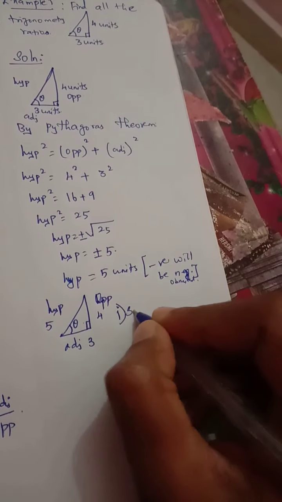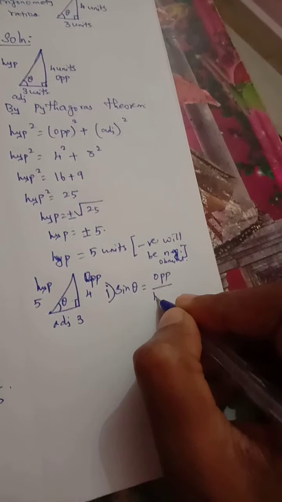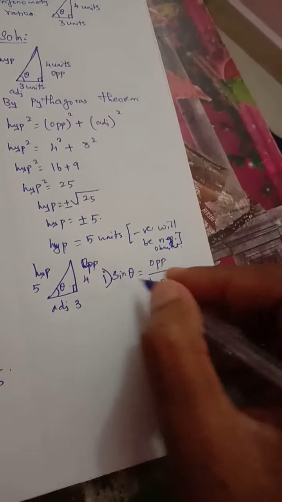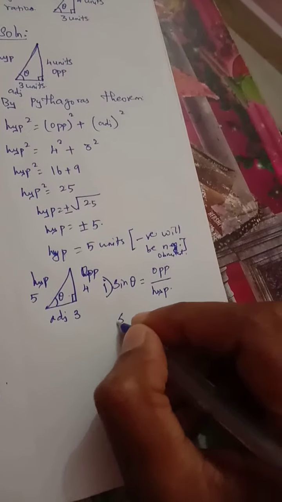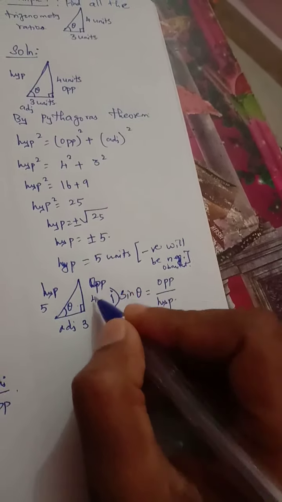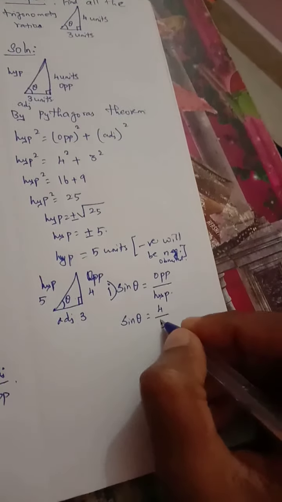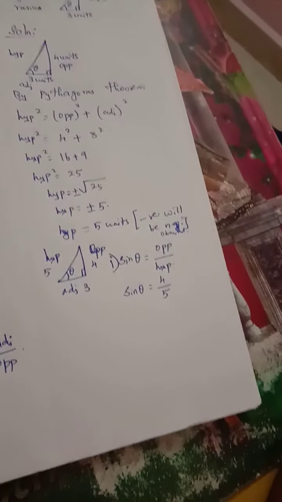The first one is sine theta, which is opposite by hypotenuse. Opposite is 4 units, hypotenuse is 5 units. That's all. This is the value of sine theta.